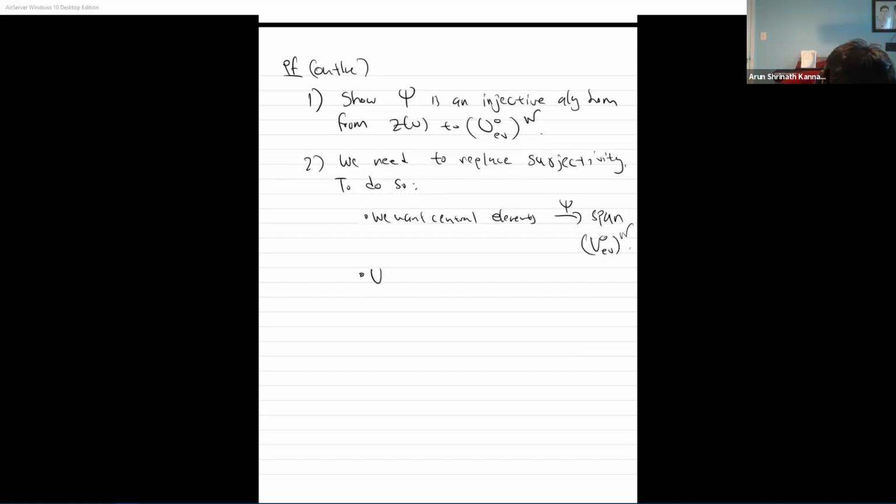So U dual is naturally a U-module, which is dual to the adjoint representation.